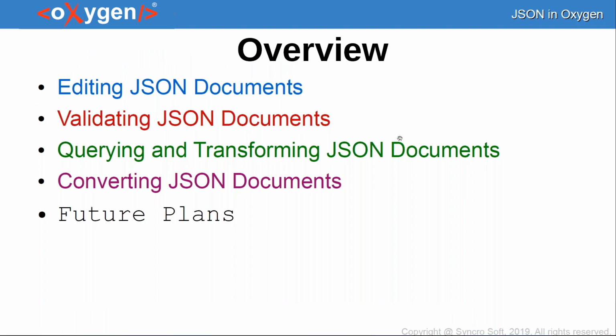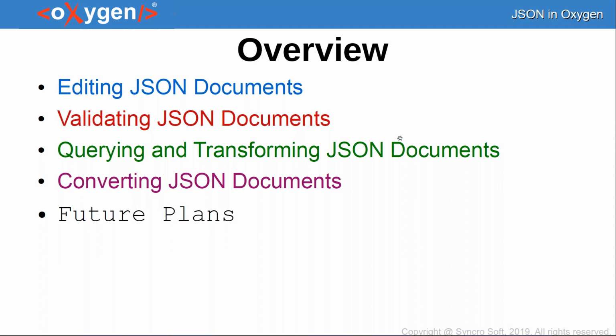So here is an overview of the presentation. We'll start with the editing support that you can use for a JSON document. Then we'll see how you can validate a JSON against a JSON schema or check if the JSON document is well formed.